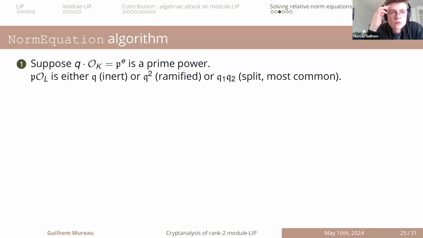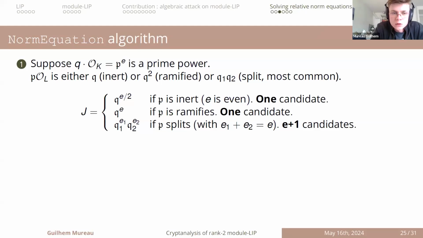We have to understand the behavior of P seen as an ideal of O_L, the ideal generated by P in O_L. And there are 3 cases. It can be either inert, that is, again a prime ideal Q. It can ramify, that means it is the square of a prime ideal, or it can split, that is, it is the product of 2 prime ideals. And this is the most common case.